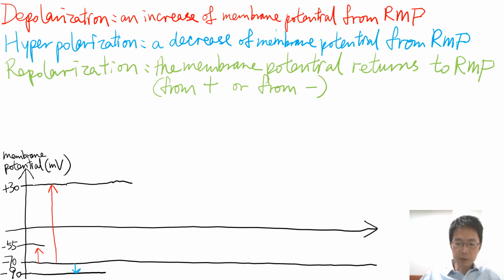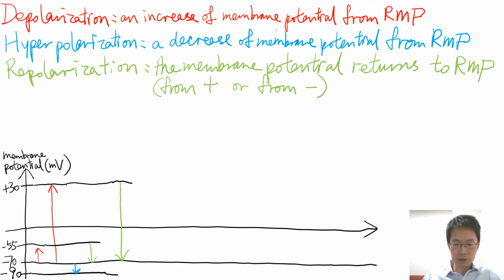When it goes back to minus 70, we call that repolarization. Or when it is at minus 50 and goes back to minus 70, we also call this repolarization. As long as it returns to the resting membrane potential, we call it repolarization.